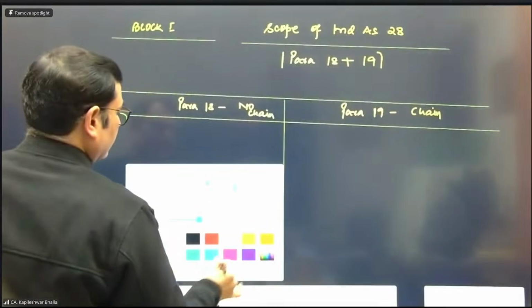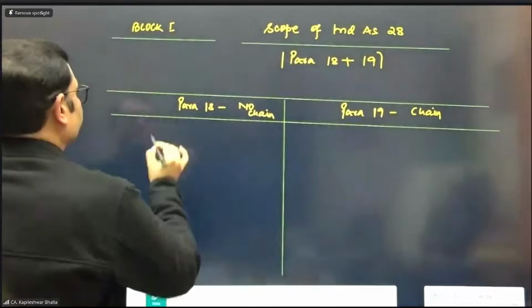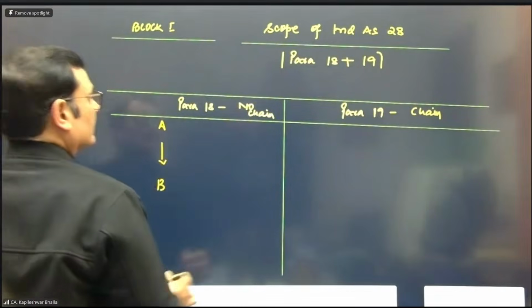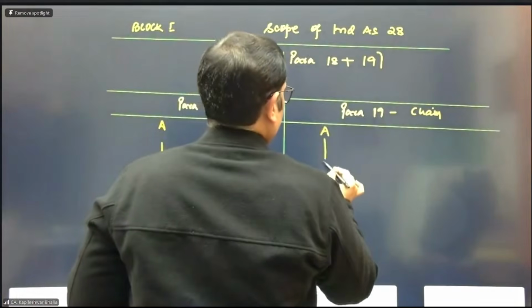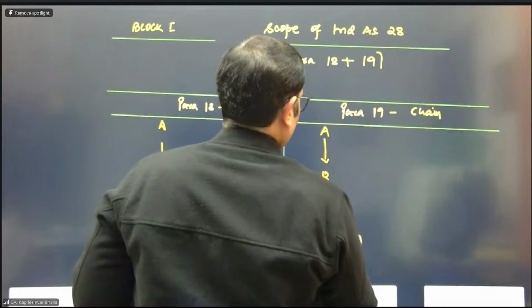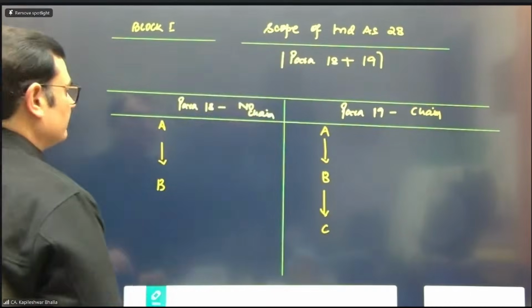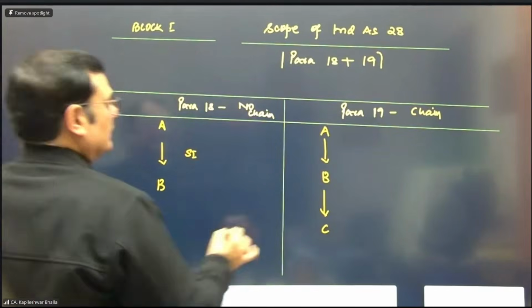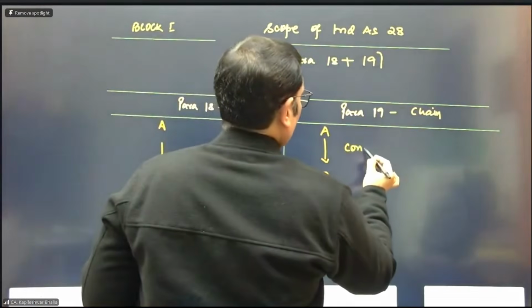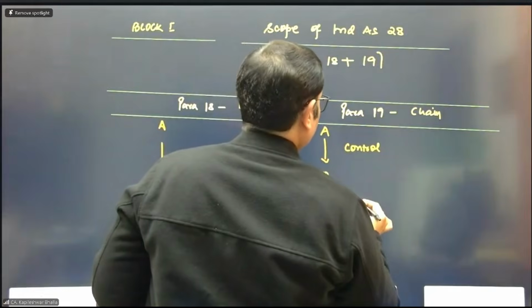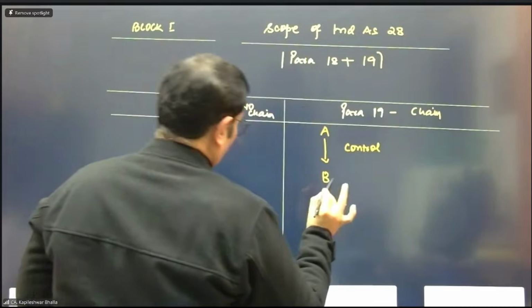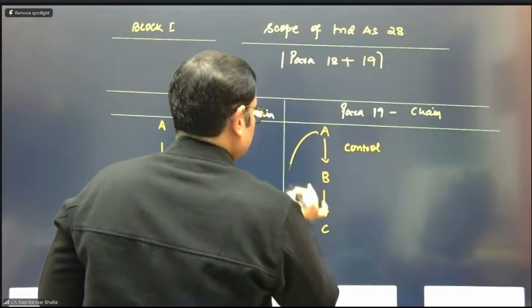So if I take an example to fit this, let's say this is A and this is B, and B has got a stake in C. So A has got control over B, and B has got, not exactly significant influence, but it's like this.